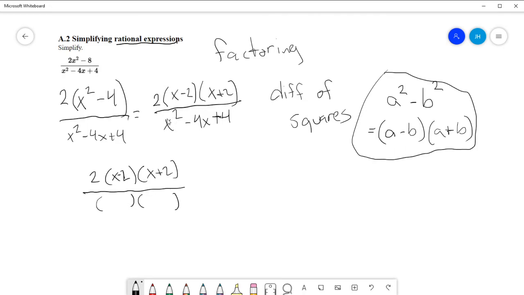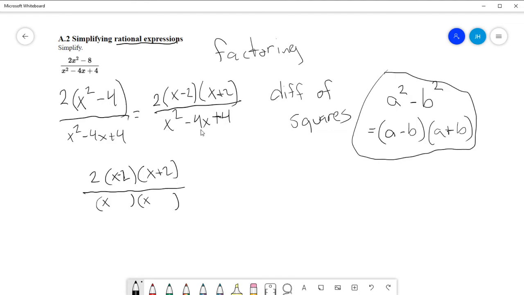The only way I'm going to end up getting x squared is if I have an x and an x in either of them, right? Because x times x will give me that x squared there. Then I have my last number, it's 4. So because this is 4, there's two combinations I could use. I could use a 1 and a 4, because 1 times 4 is 4. Or I could use a 2 and a 2, right?